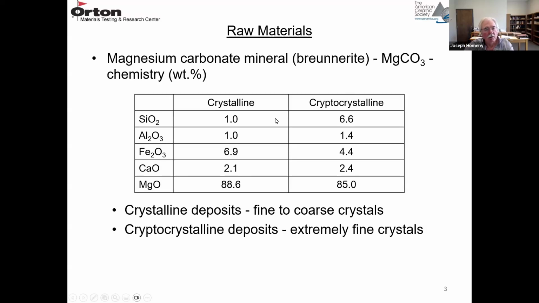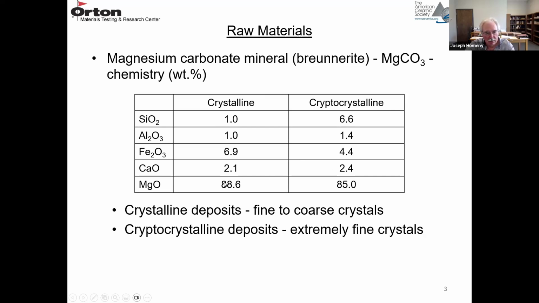One of the raw materials for an MgO-based refractory is magnesium carbonate. The mineral is known as magnesite, and that's MgCO3. There are 2 types of deposits: a crystalline deposit, and a much finer cryptocrystalline deposit.